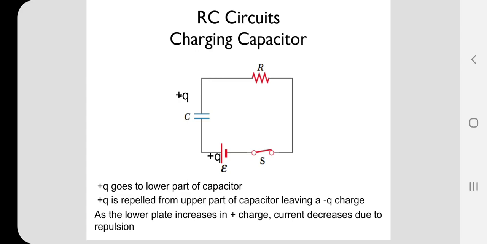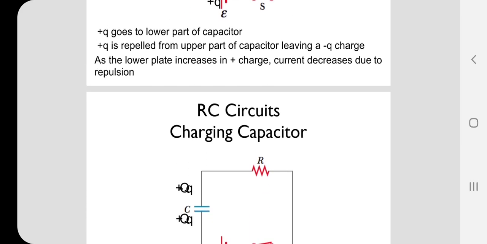Charges of the same sign repel each other, so the same principle occurs. Therefore the current decreases due to the repulsion. Here the switch is closed, so the capacitor is charging.